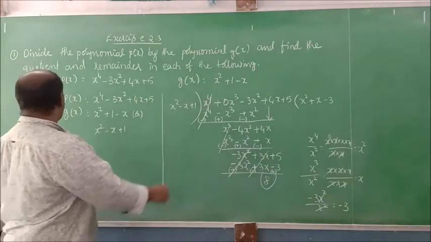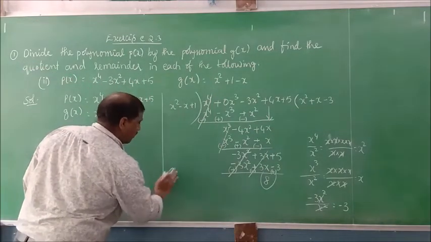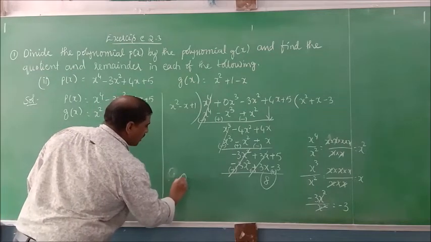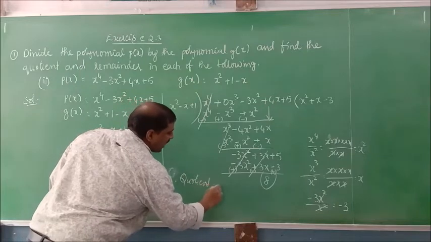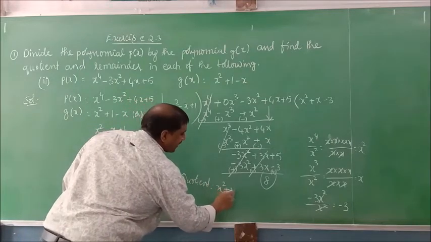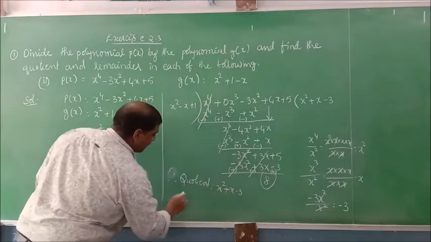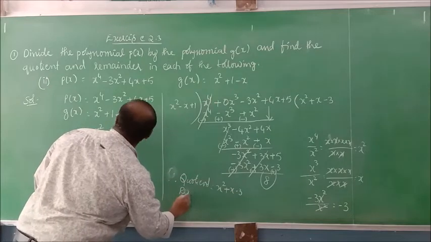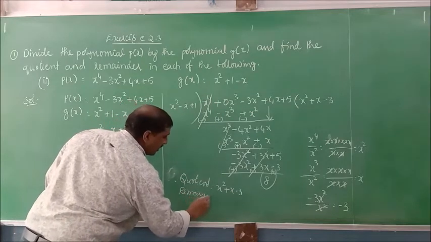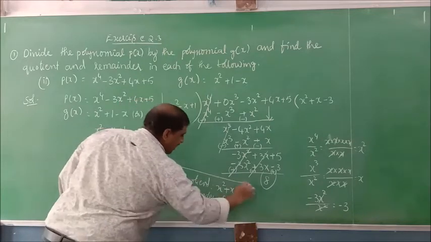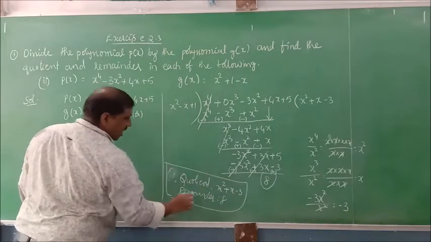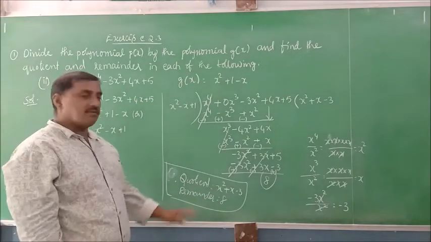So the remainder is 8 and the quotient is x square plus x minus 3.